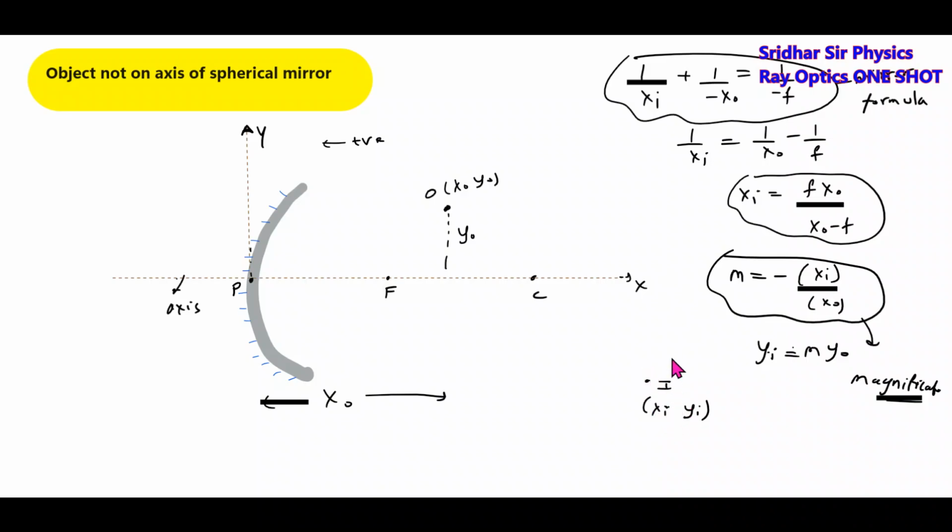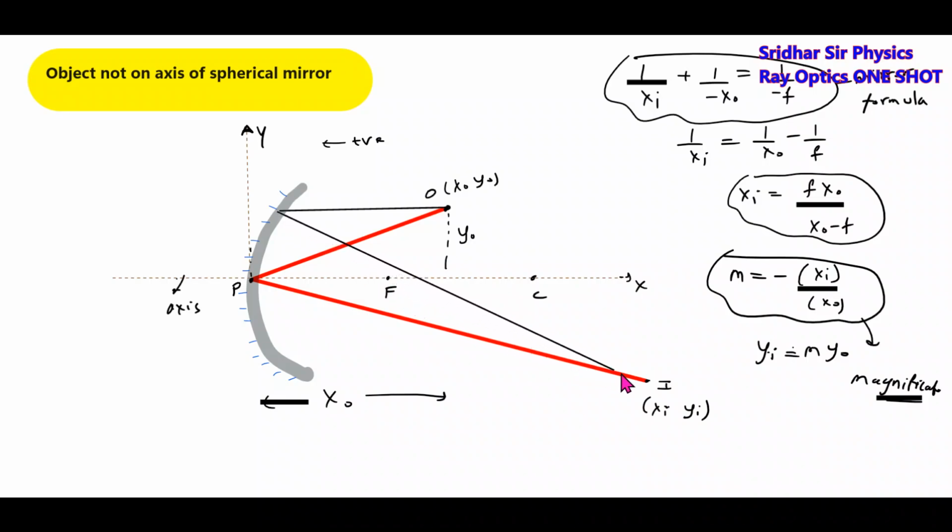How do we calculate these coordinates? The x coordinate is given by the mirror formula. Here the ray will be incident. So what about the ray tracing? A ray after reflection will come here. Another ray, incident parallel to the principal axis, after reflection should pass through the focus.